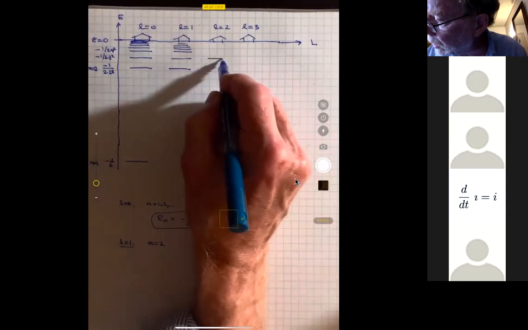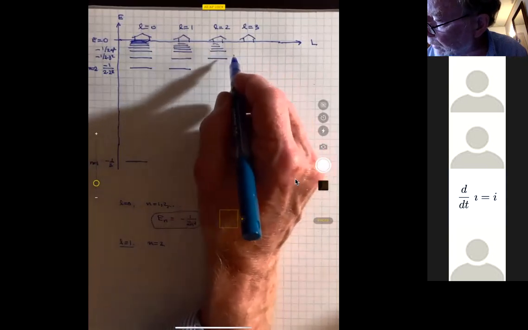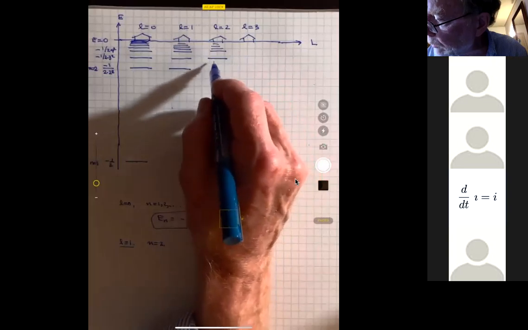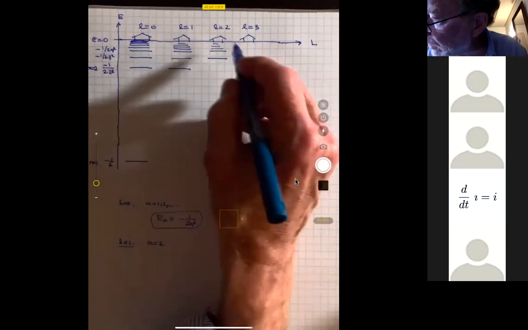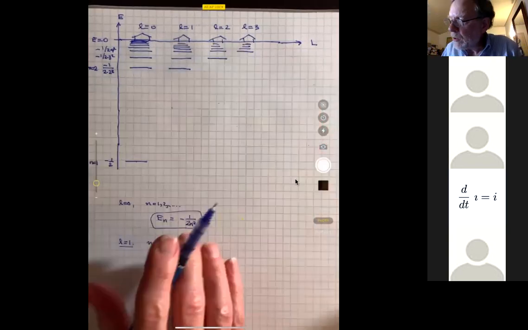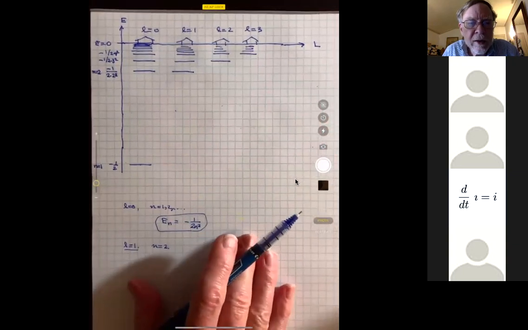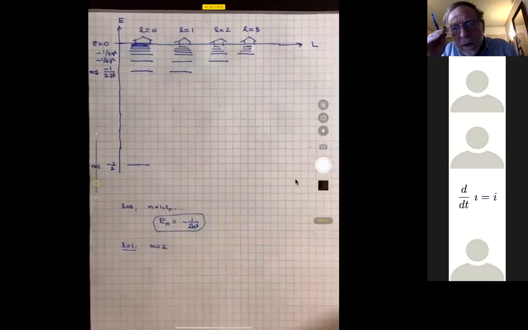For L equals 2, it starts at n equals 3 and goes up. For L equals 3, it starts at n equals 4 and goes on up like this. So you get an energy level diagram for hydrogen, which looks like this.